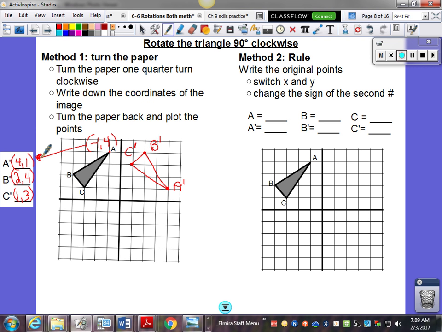All right, let's look at B. B original coordinates are -4 and 2, and my new B is 2 and 4. So we have a sign change and we have the numbers switching sides. C is at -3 and 1.